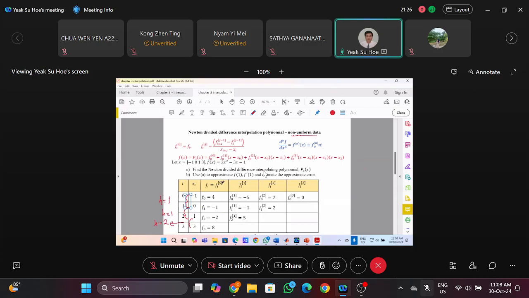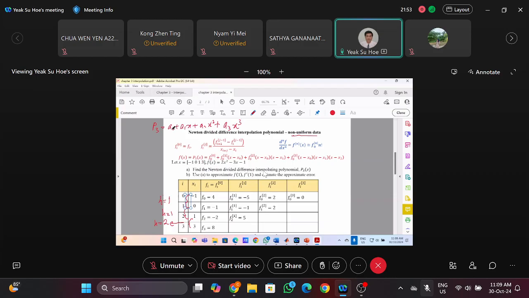So we found that this is f0, this is f superscript 1, this is function superscript 2, this is function superscript 3. So this is a polynomial because we have how many data? 1, 2, 3, 4. 4 data. 4 data means that your polynomial must be power 3. What is power 3? A0 plus A1 s plus A2 s squared plus A3 s cubed.